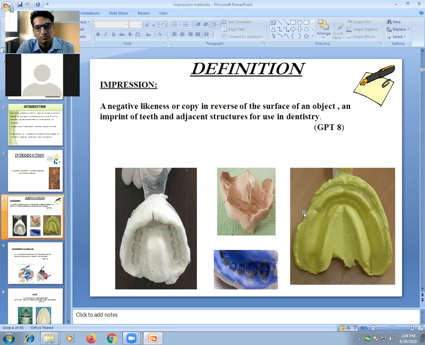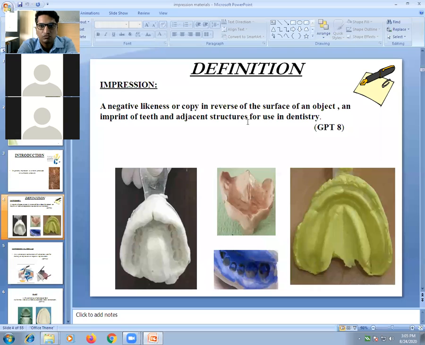Edentulous means the patient has no teeth, and dentulous means the patient has one or more teeth. An imprint of teeth and adjacent structures means, suppose, this rugae part and this sulcus part; these are all the adjacent structures for use in dentistry.